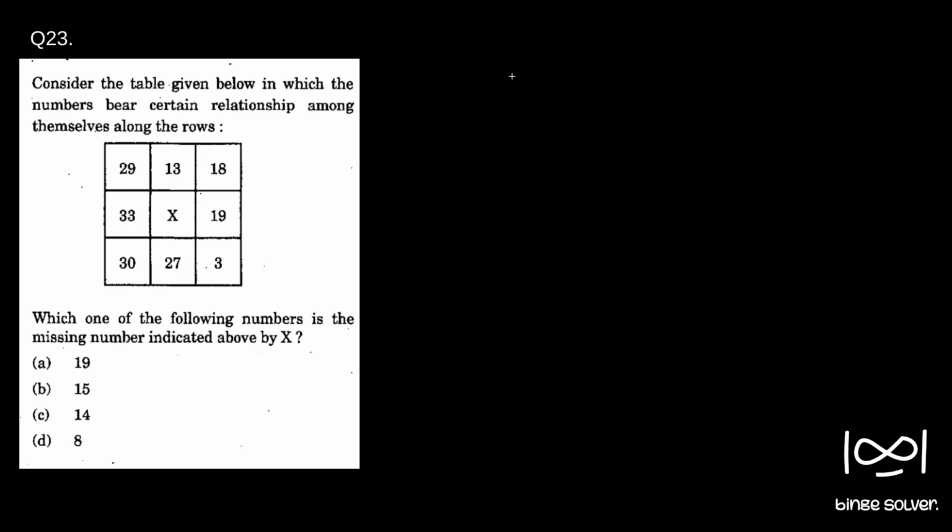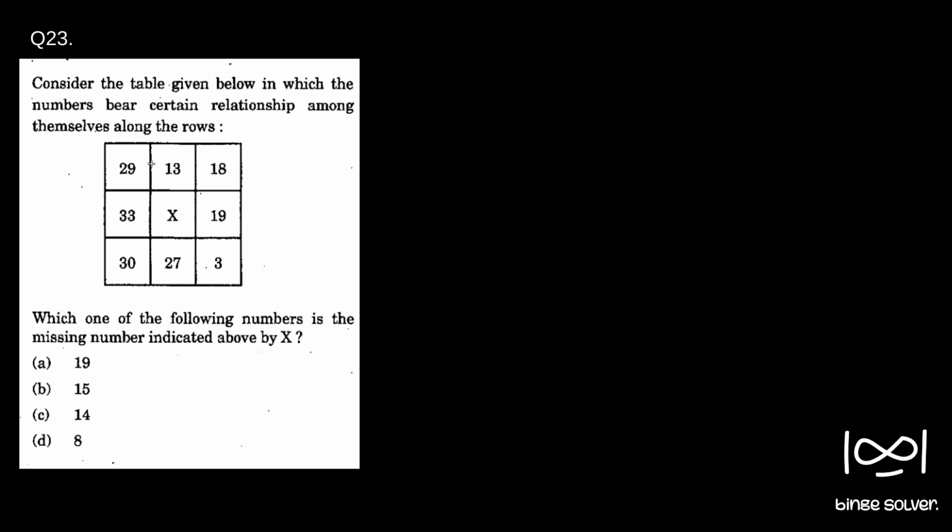So if you just sum everything, third row is simple. 27 plus 3 is 30, so the sum is 60. If you take the sum, 29 plus 13 plus 18, it gives 39, 42, 50, 60.